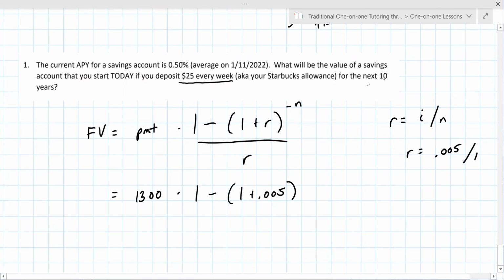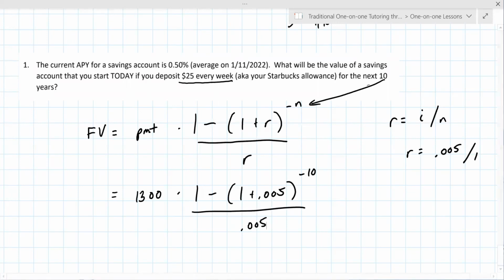Now, n is 10 years, so it's minus 10, over 0.005. Right, so I get that it's worth $12,649.54.